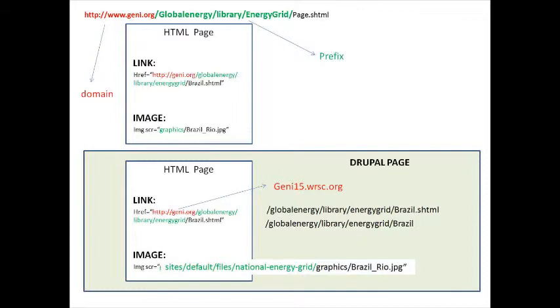Then, to move to the new Drupal page, I taught Import HTML to change the links, to remove genie.org and keep the other part. Change it to something like this: global energy library, energy grid, something more.